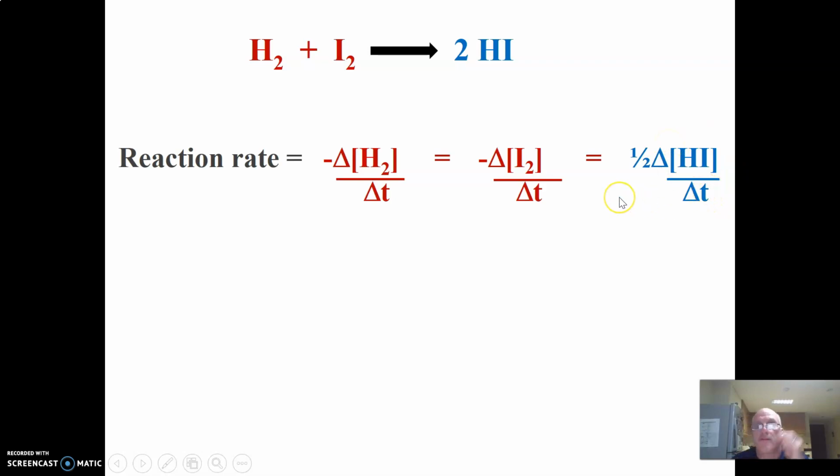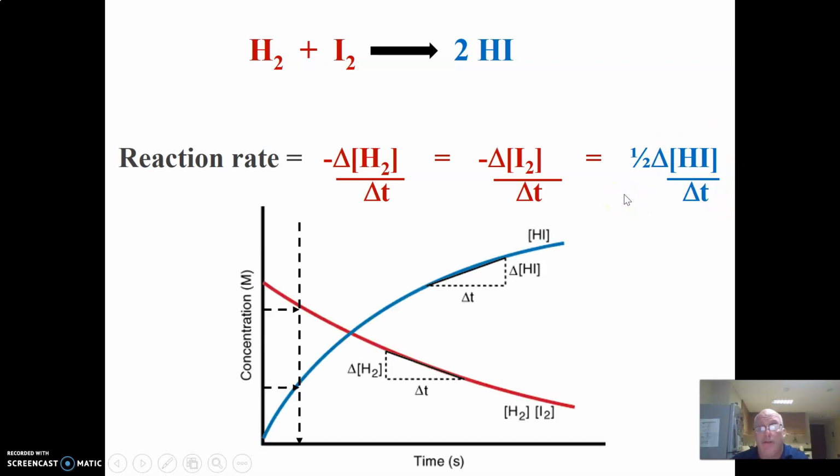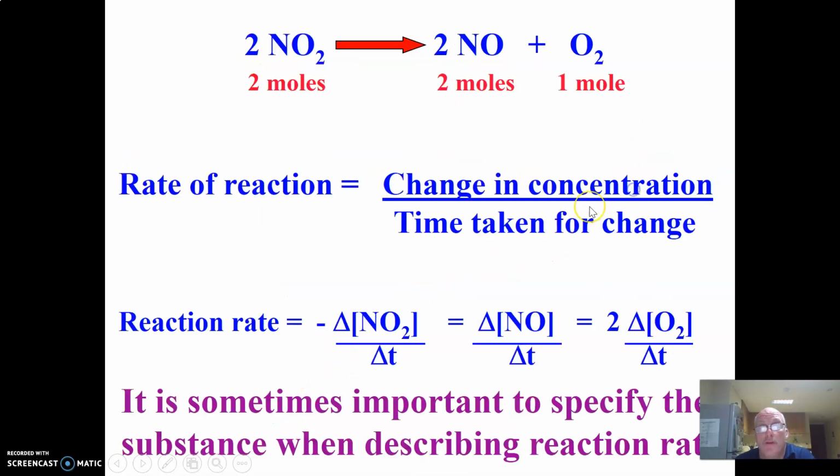So that ought to make sense there. And you can see that the curves are not mirror images this time. You can see that the rate of decrease of hydrogen is actually going to be half. If you work it out, it should be half the rate of increase of HI. You can see from the equation there.